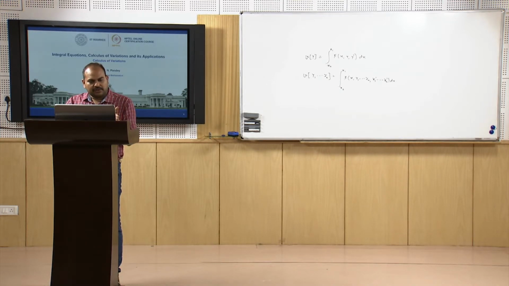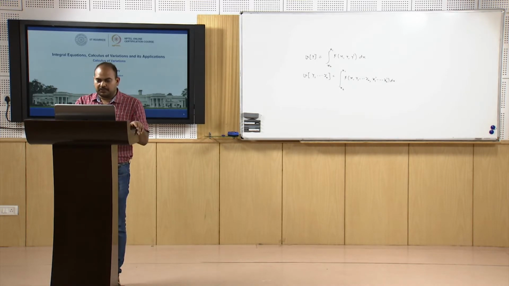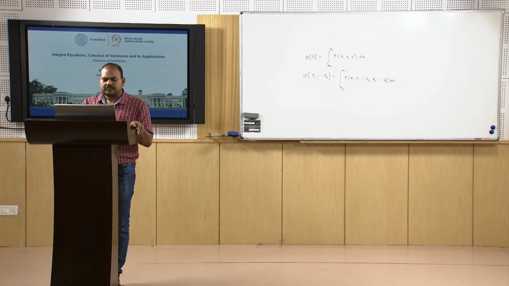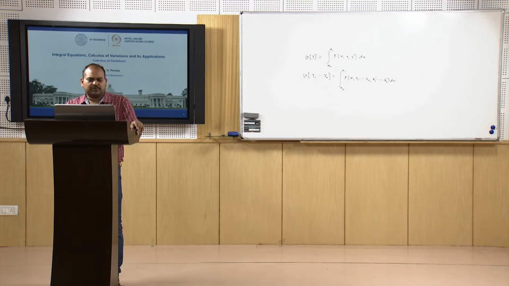With the help of the method of undetermined coefficients, we try to convert this to a problem of finding the unconditional extremum of a new functional, or new variational problem, and we want to show the equivalence of these two.